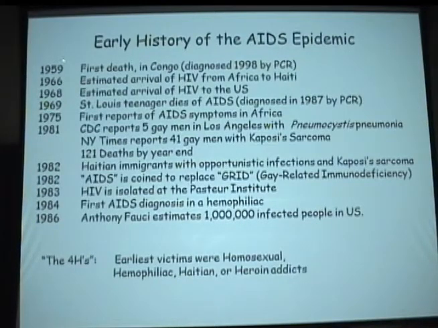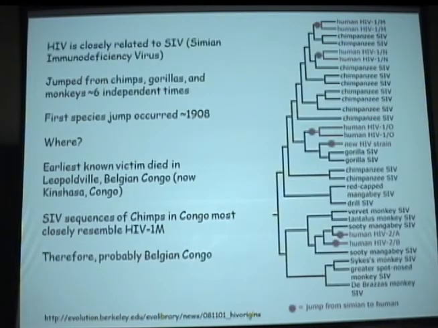So that's beginning at 1959, but we actually go back farther in time. If you go back farther, the evidence is overwhelming that HIV is closely related to another virus called SIV, for simian immunodeficiency virus.